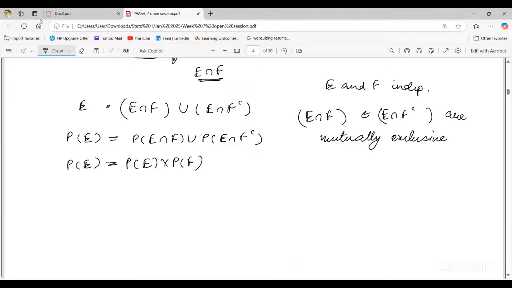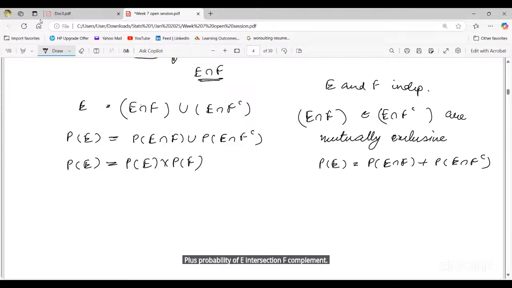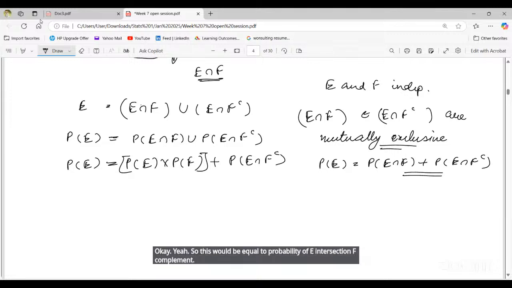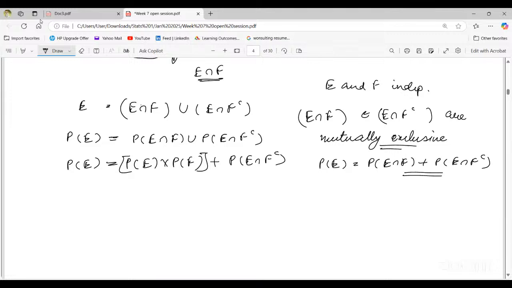So I can write the probability of E equals the probability of E intersection F plus the probability of E intersection F complement, by the addition rule.